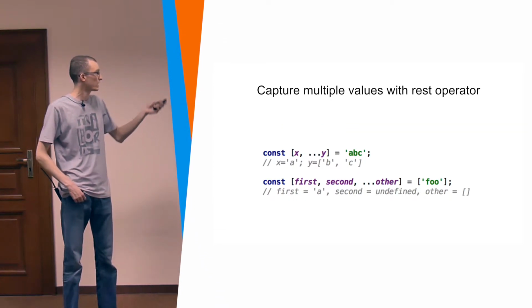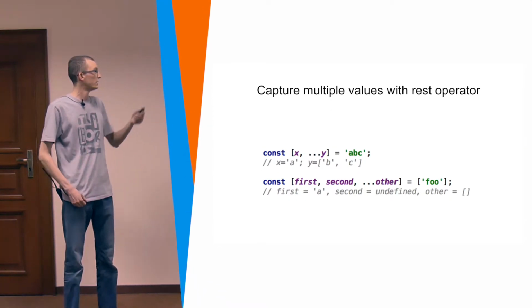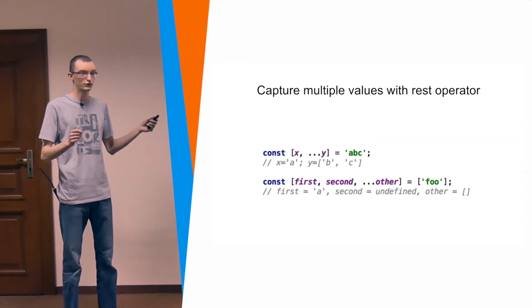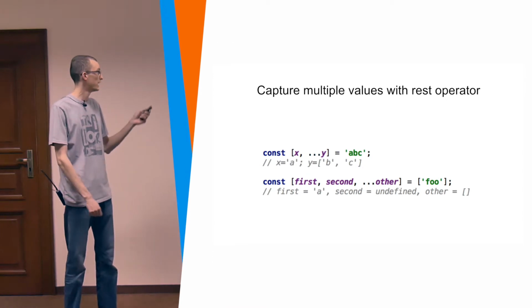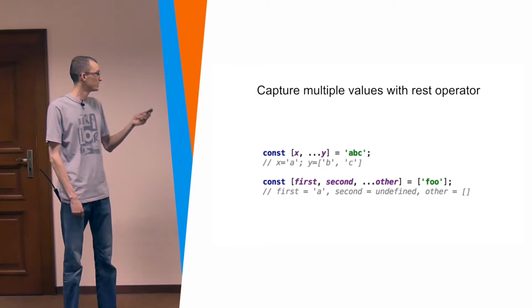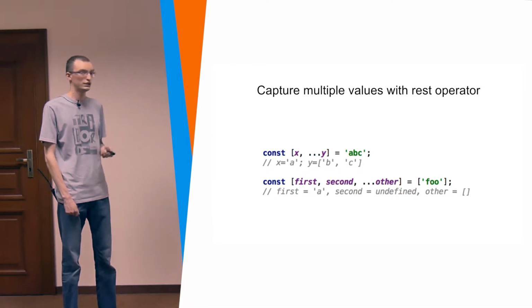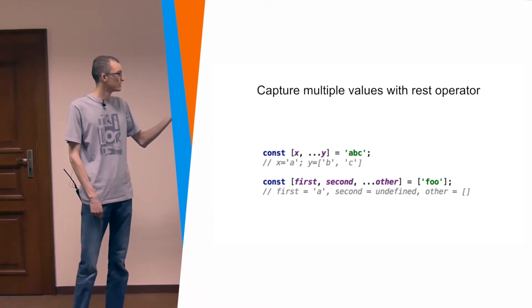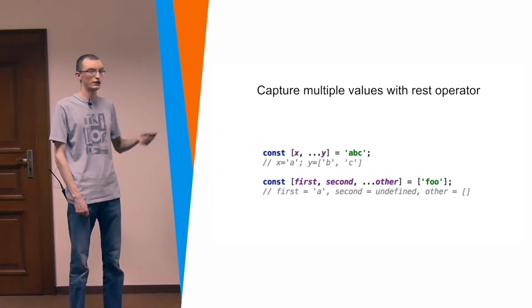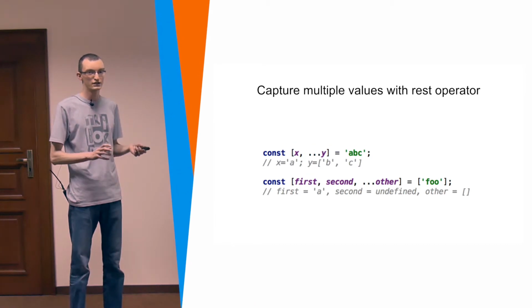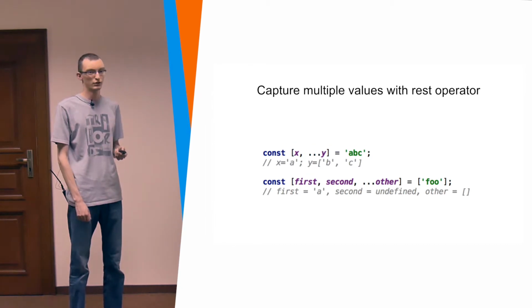In this case, we capture the first letter into the first variable, and all the others into the array named Y. A similar case in the other one, but here, as you can see, if there are no elements to be caught by this REST, it always returns an empty array. So this is good to know.